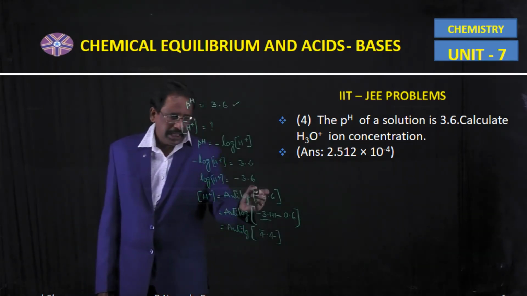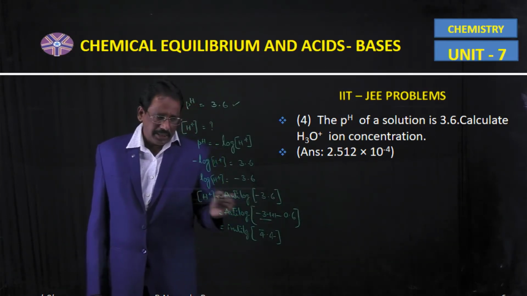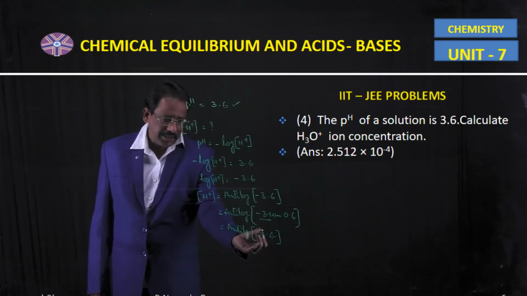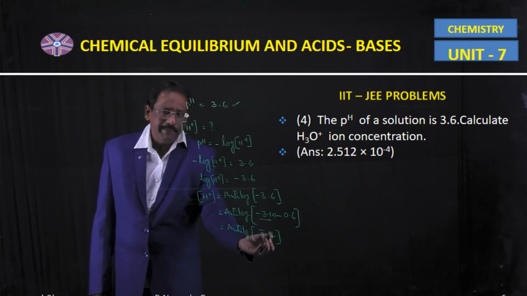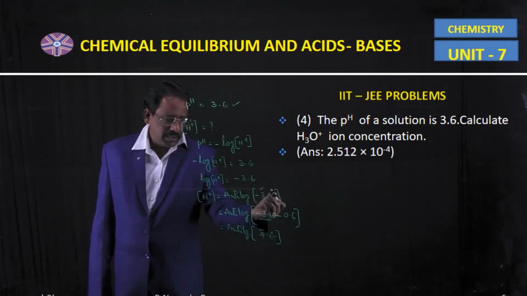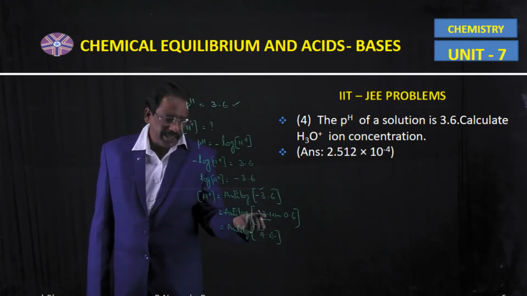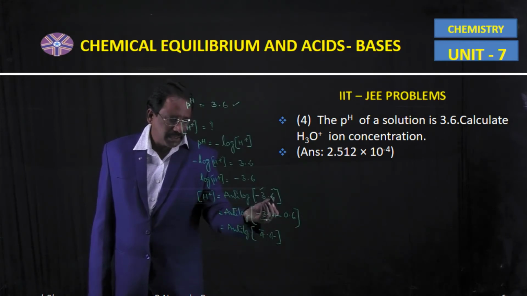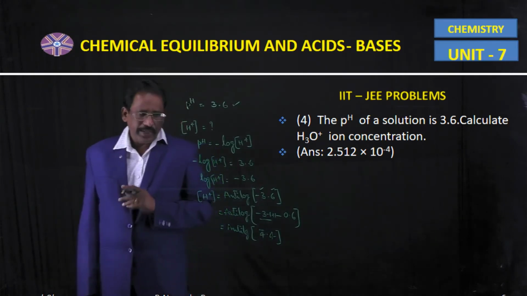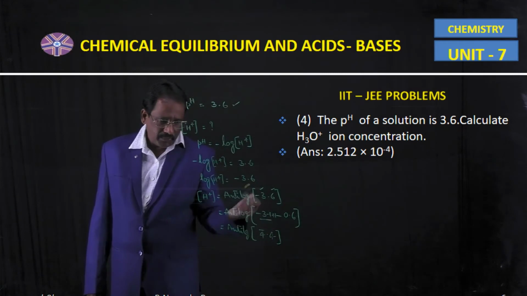So this is minus 3.6, but here both characteristic value and mantissa are in negative sign. That's why by adding plus 1 and minus 1, convert this negative mantissa into positive. Here positive value is plus 0.4.